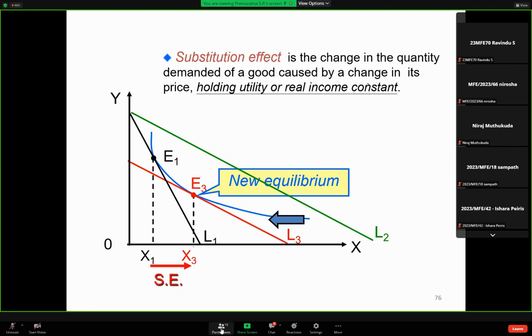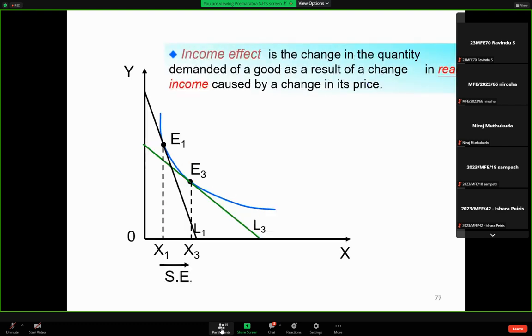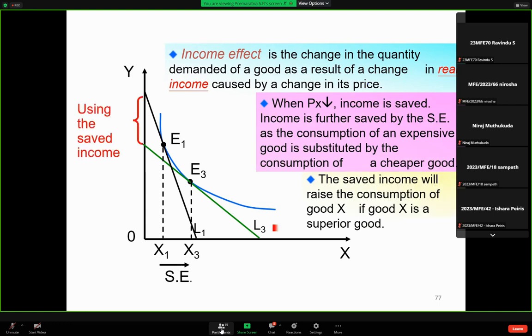That captures the substitution effect, a move along the indifference curve. X1 to X3 increases consumption, that is the substitution effect. To capture the substitution effect, we draw the compensated demand curve. The income effect is the movement between the green budget line and the red one, E to E2. So now you can see the two parts of the total effect.